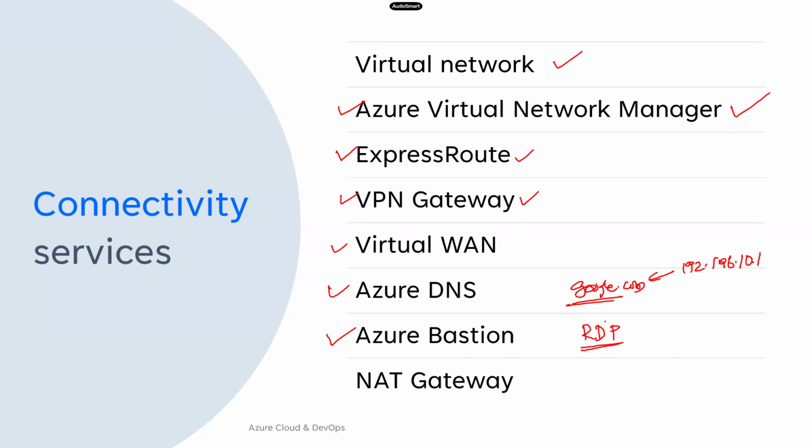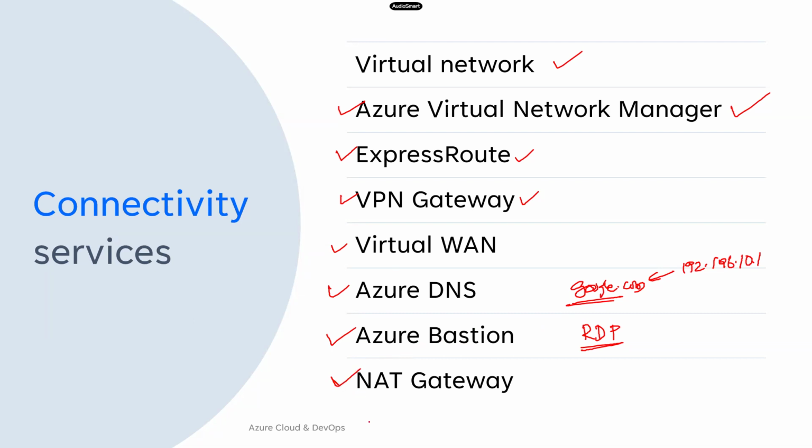We can use it as a tab. It is also related to network connectivity, so that we can establish a connection to a resource that we have in our VNet. I'll explain that, and I will give you an idea with the help of a diagram as well, so that we will be able to understand that.